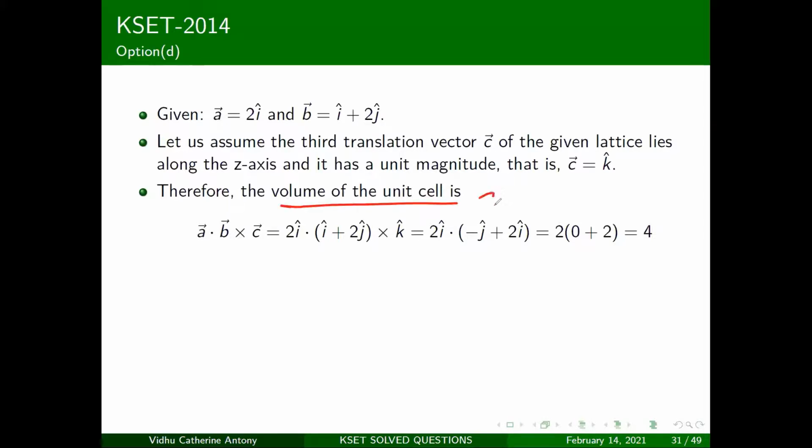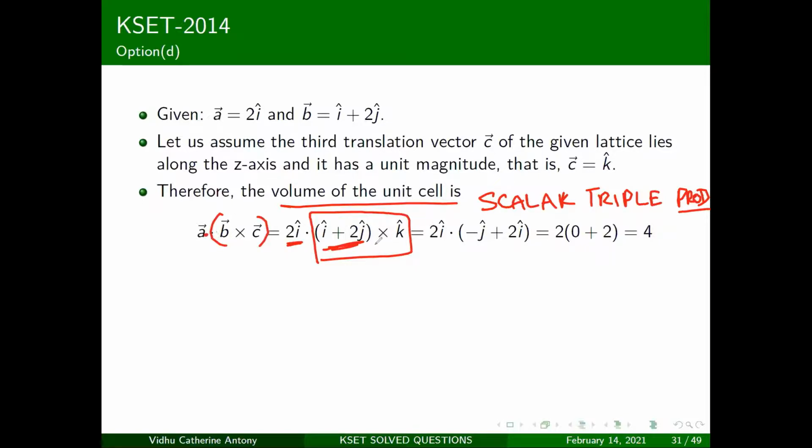How do you do that? You need to calculate the scalar triple product, which is A dot B cross C. So you have 2i cap, which is the A vector, and this B vector that is given to you in the question, i cap plus 2j cap, and you cross it with the k cap. First, you should always do the cross part first, so this bracket has to be there, and then you have a dot.